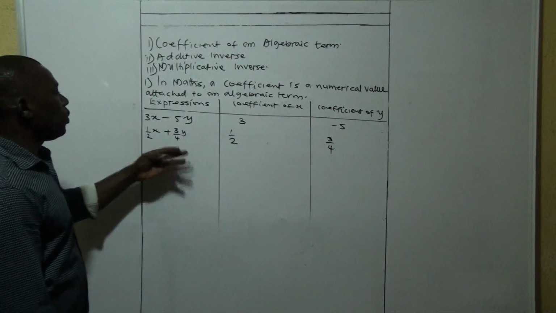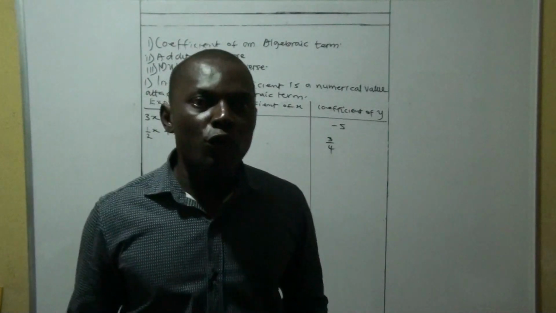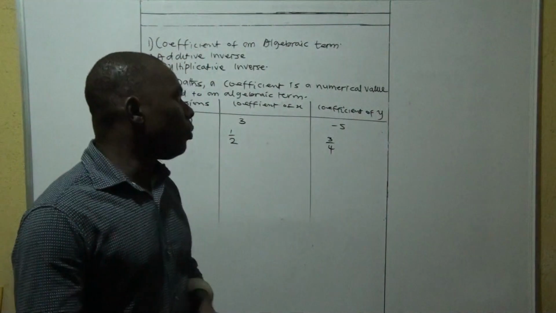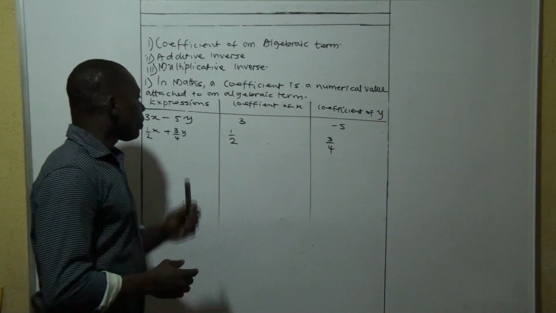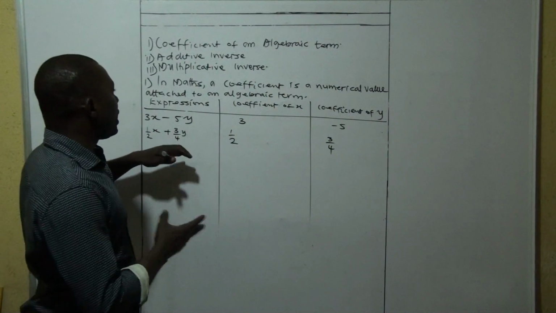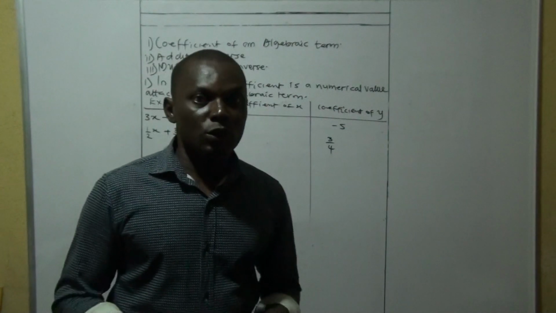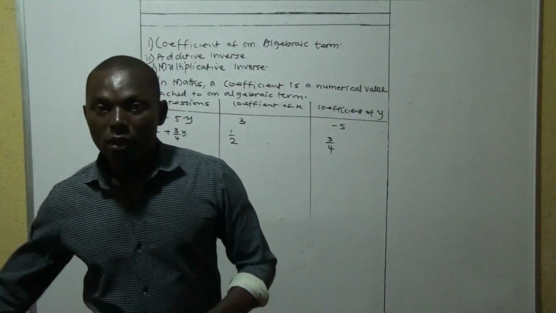So this is how to determine the coefficient of a number. That's the simple meaning of coefficient. In this video, this is what we're going to do here, knowing how to find a coefficient of a number. So it can come in any way. This is just an introduction process.